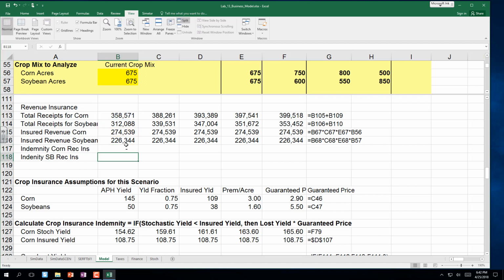And you drag that formula down, you drag it across, because we're organized people. And bring down the big formulas.